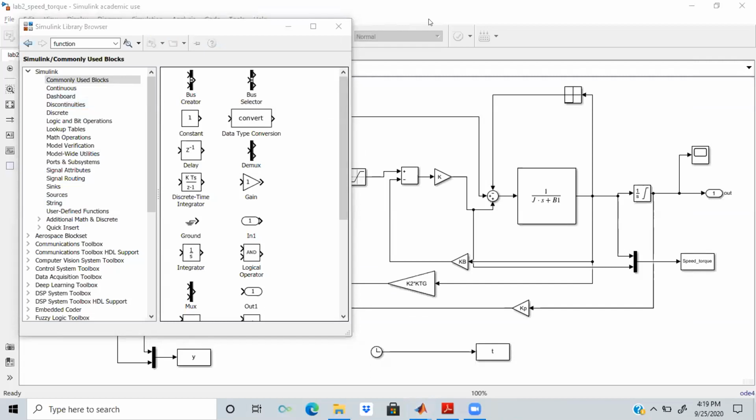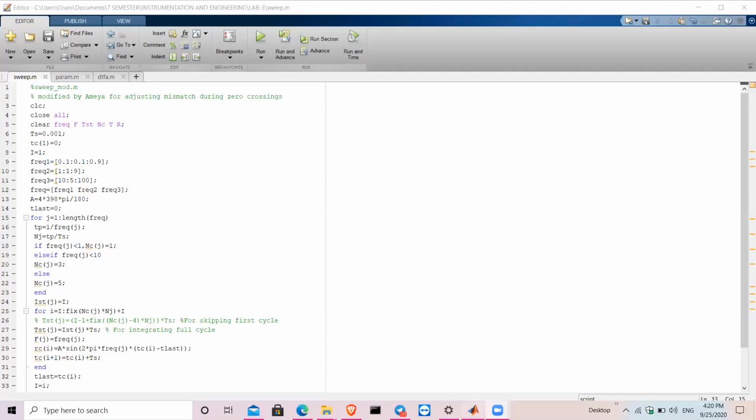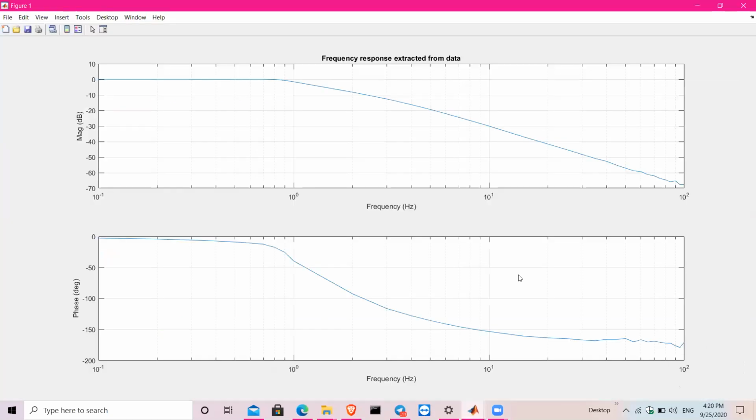I will show after making the changes. I am getting like this. Okay, this is for full 100%, sir.